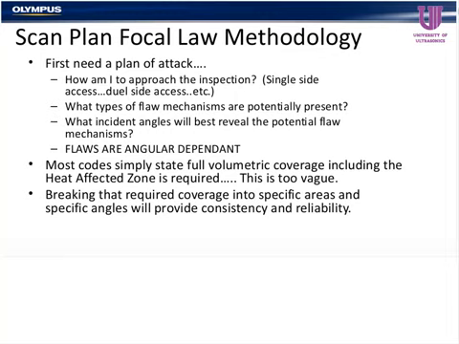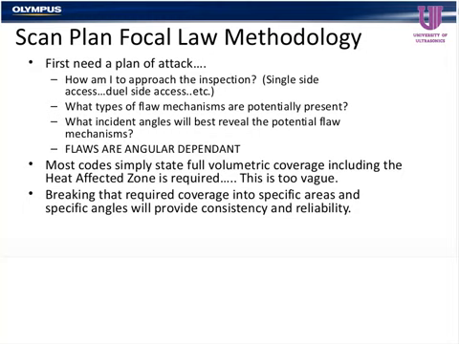We have a particular process that we teach for developing a scan plan that essentially asks two different questions about what you're inspecting. So we need a plan of attack, a different means of inspecting the part, other than just looking at pure coverage.